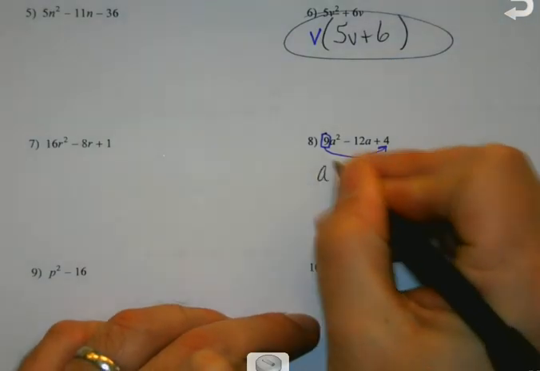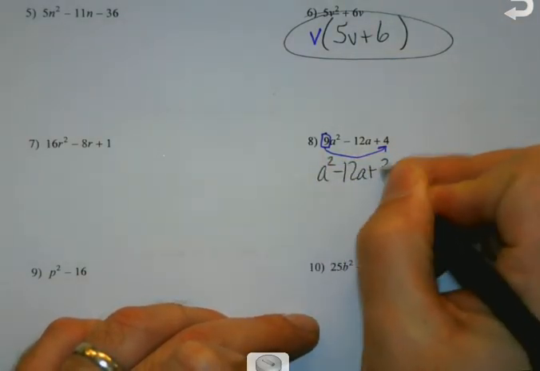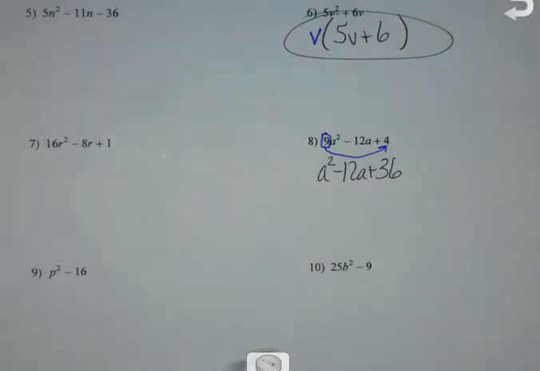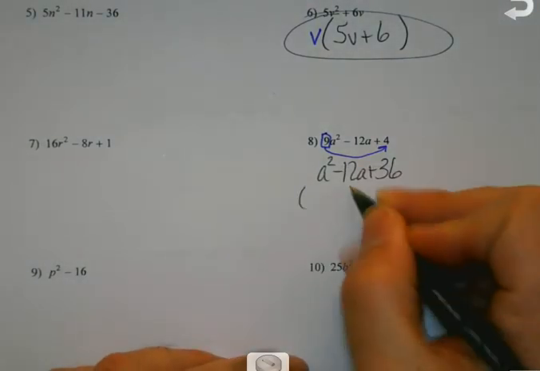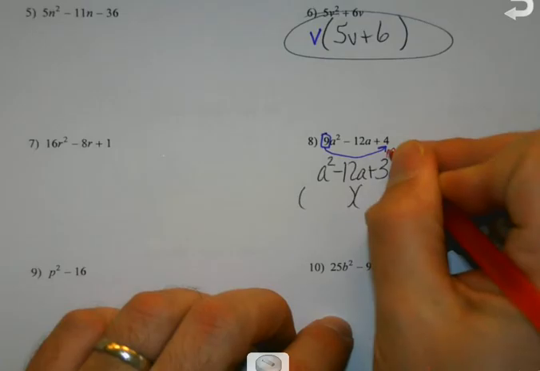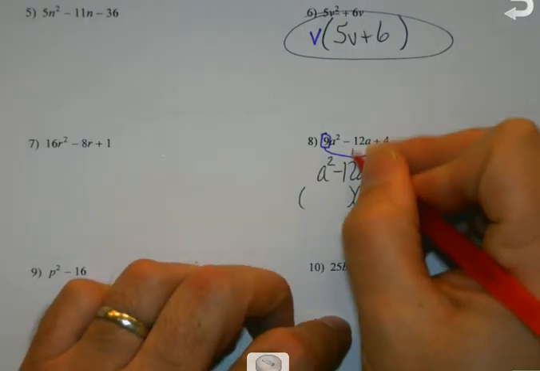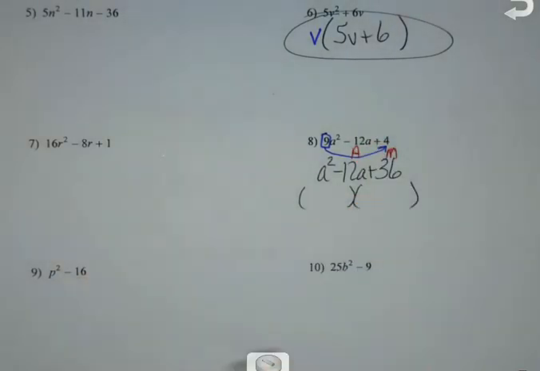And when we slide it down, we mean we're going to multiply the 9 times the 4. And then we're going to factor what's left here. Now remember, from when we were doing diamonds, we're trying to find 2 numbers that multiply to the number on the end and add to get the number in the middle.